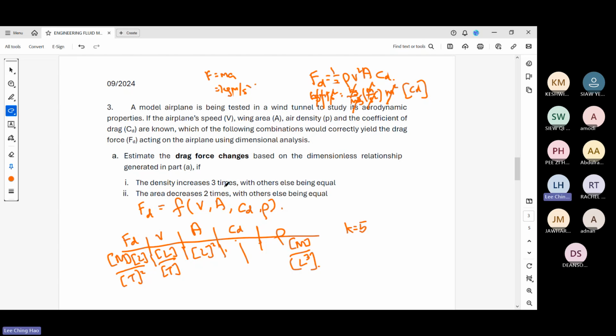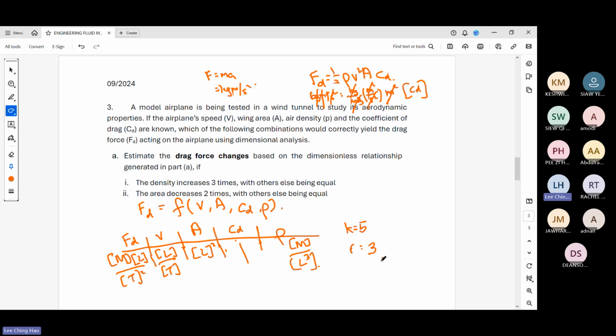Once you convert everything into the MLT system, you need to check whether you use M, L, and T. If all three exist, then r equals 3. If one is missing, for example you do not see T at all, then r equals 2.